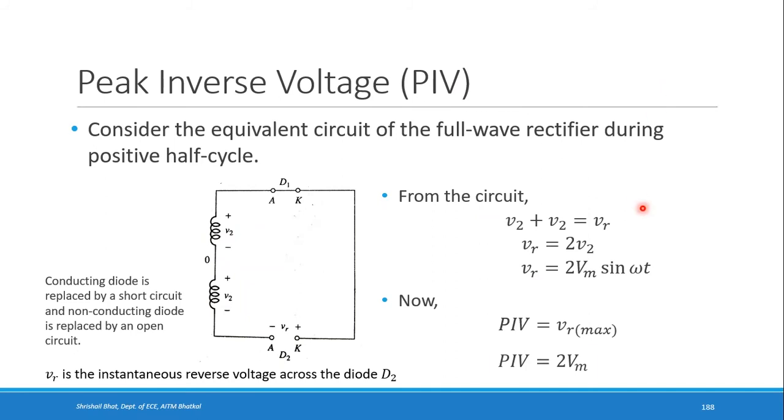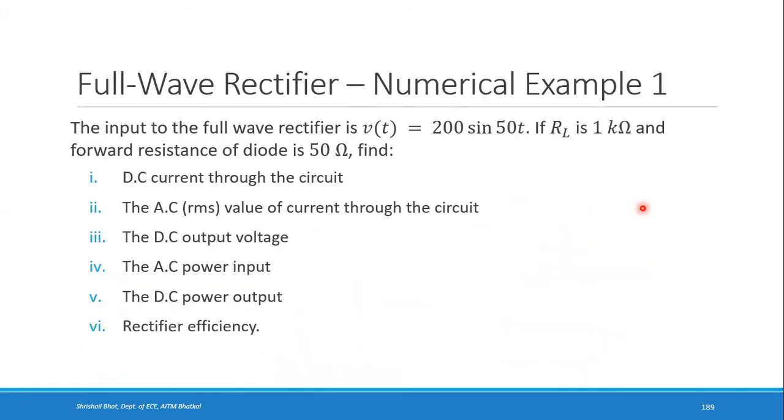The first one we have, so you have been given that the input to a full wave rectifier is V of t, that is equal to 200 sine 50t.